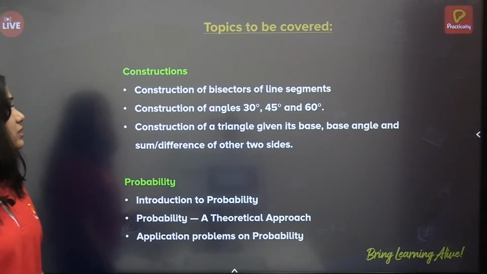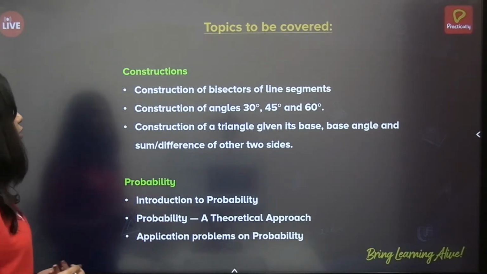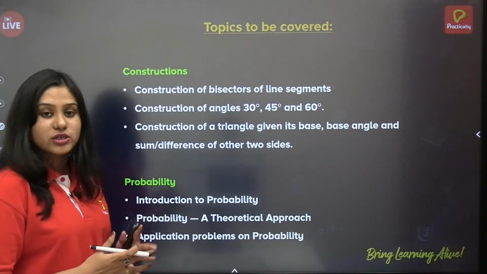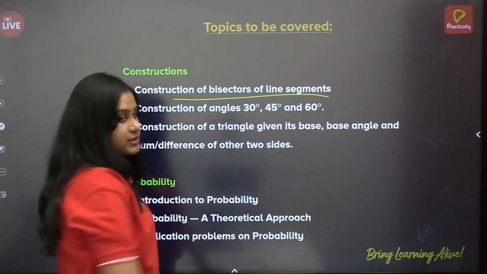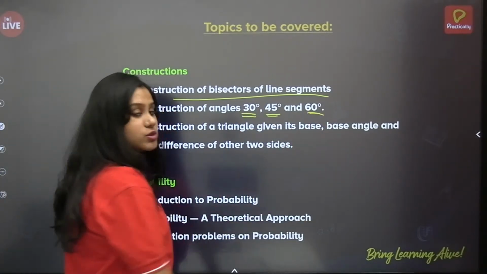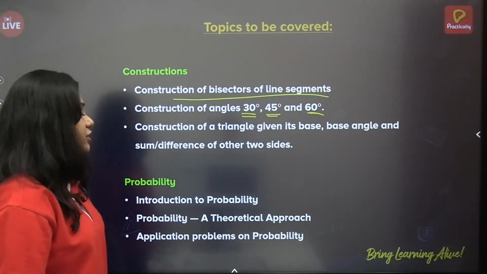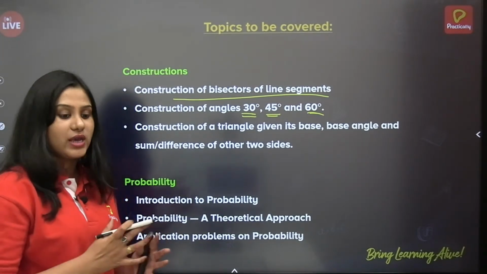Let me just go through what I will be covering today. In the chapter of constructions, we will be seeing construction of bisectors of line segments, construction of angles 30 degrees, 45 degrees and 60 degrees, and construction of a triangle given its base angle and the sum or difference of the other two sides.